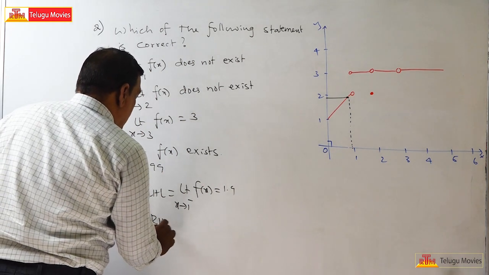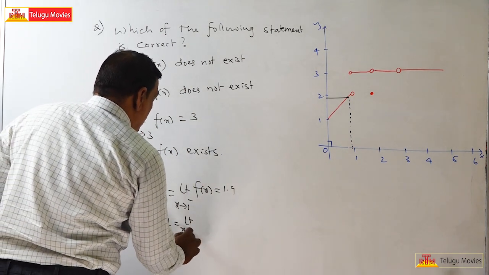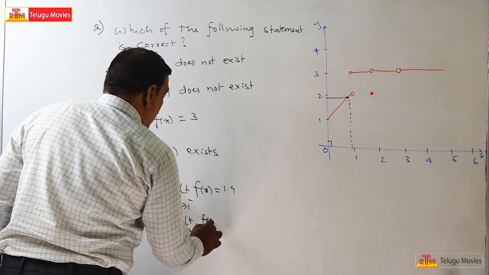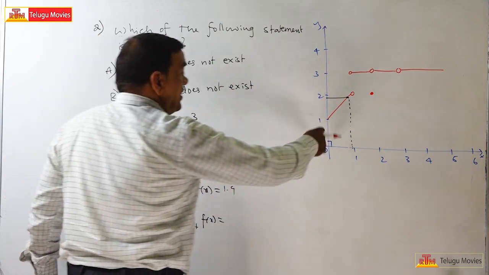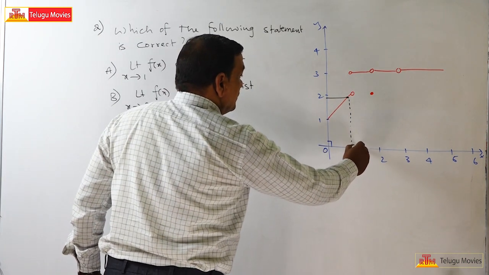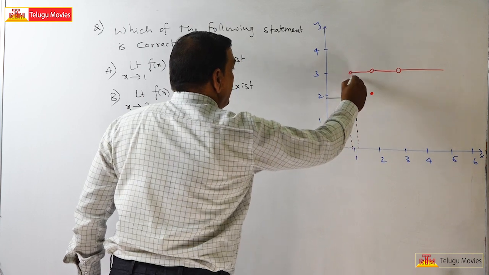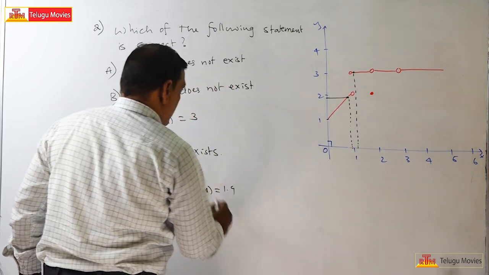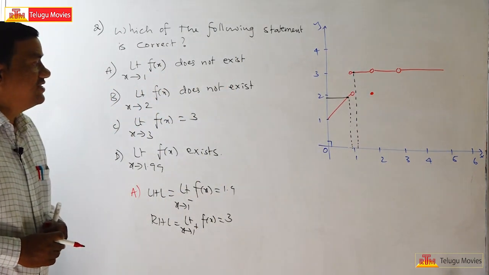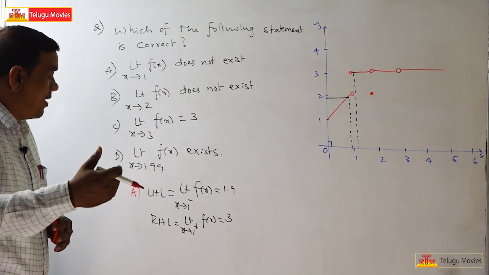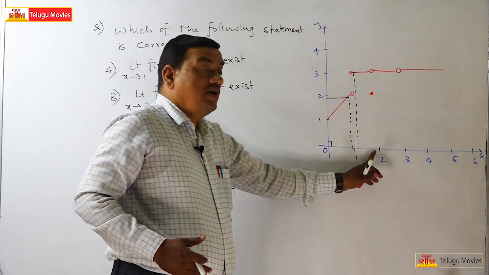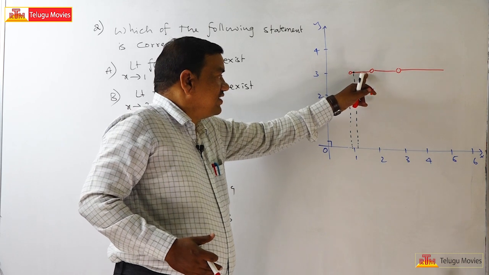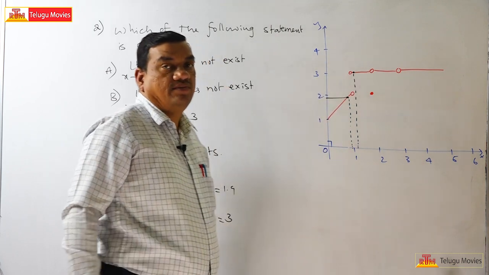RHL, the right hand side limit: limit x tends to 1 plus f of x. Here the function is defined as 3. So if you approach 1 from the right side, the function is 3.